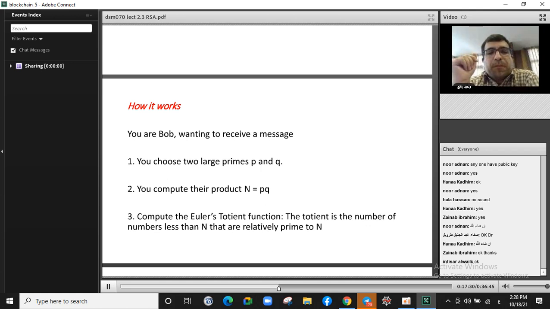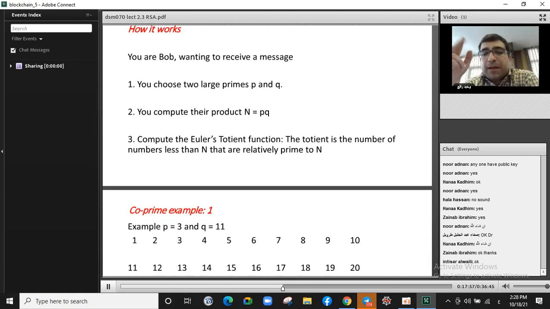Then Bob must compute Euler's totient function. What's the totient function? The totient function is the number of numbers less than n that are relatively prime to n. We call this coprime: the number of numbers which are less than n and are coprime to n.